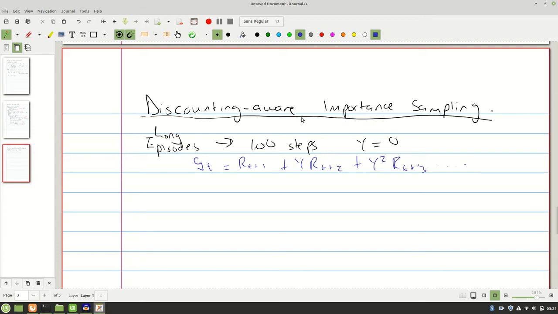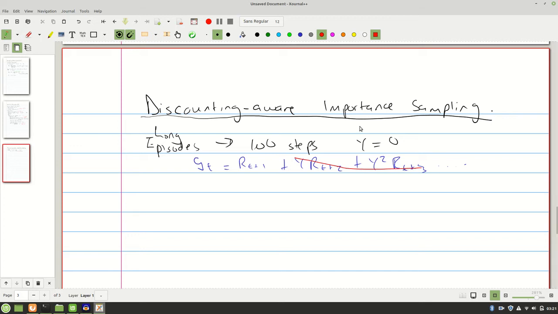Since this is how we define G, if we set gamma to 0, we're showing that we care more about the immediate rewards and we don't really care much about future rewards. This is what a low value of gamma represents in general.